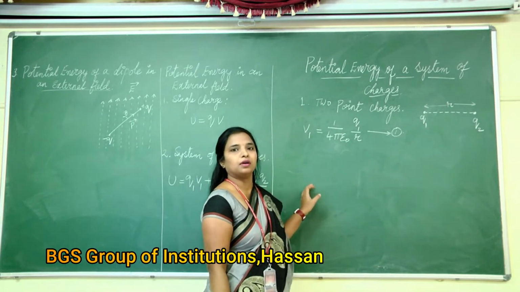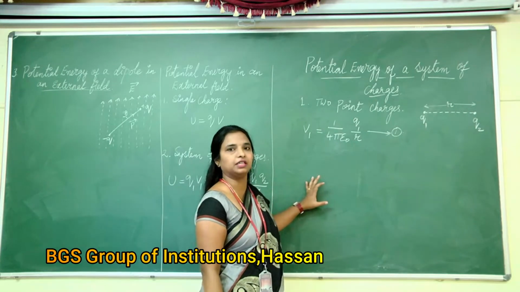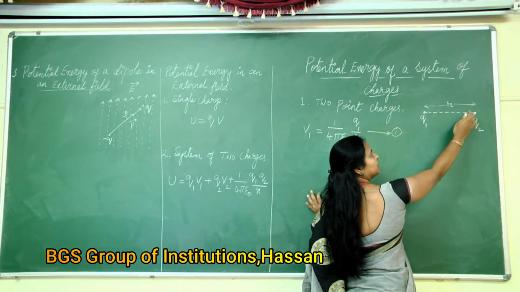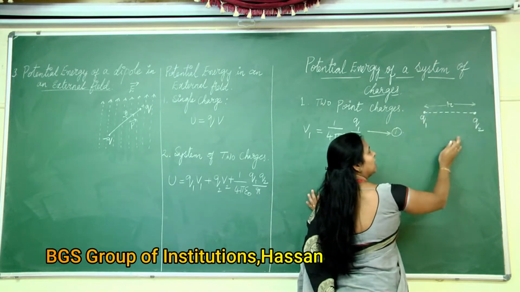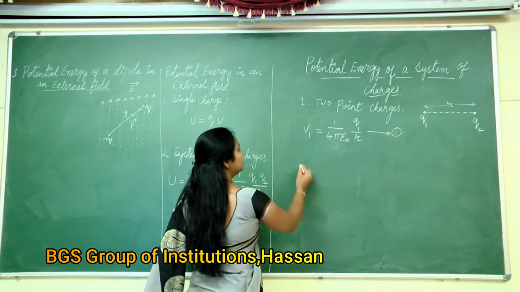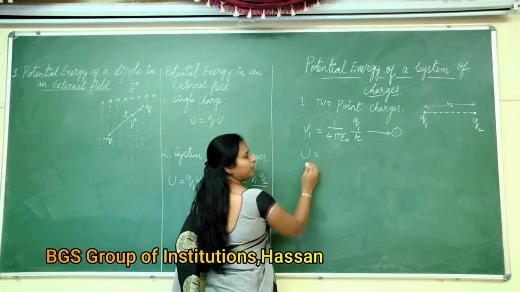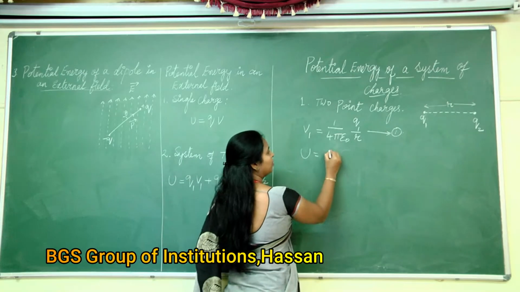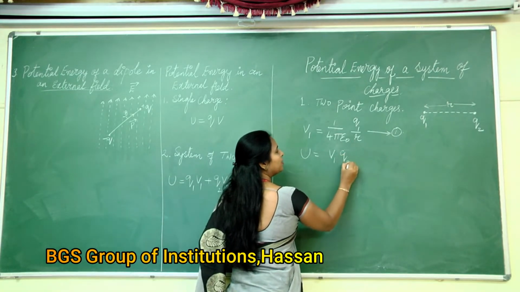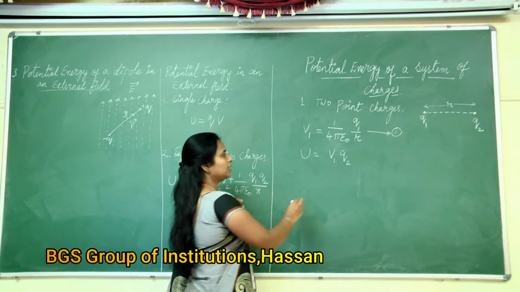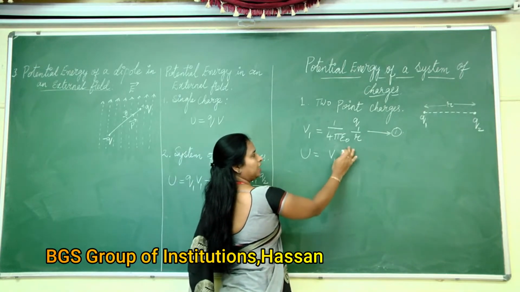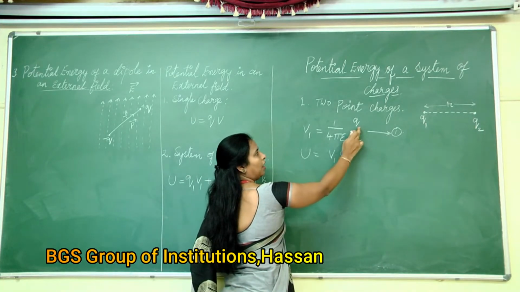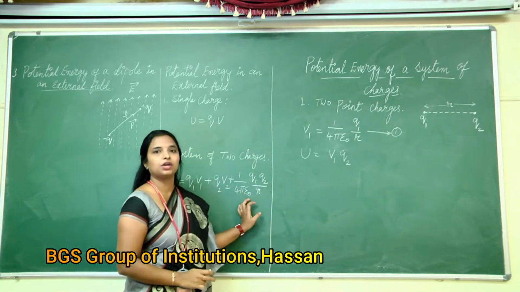We have to determine the potential energy, that is, in order to place a charge Q2 at a distance R due to the potential of Q1, and that is written as U. Let U be the potential energy, and potential energy is equal to V1 into Q2. That is nothing but the potential energy of Q2 due to the potential of the charge Q1.